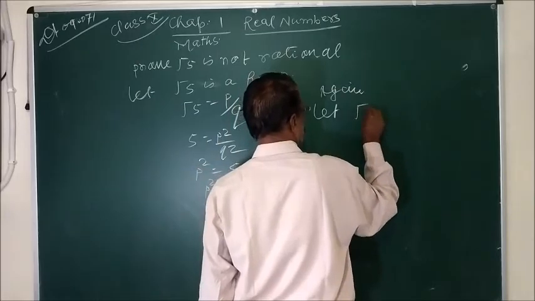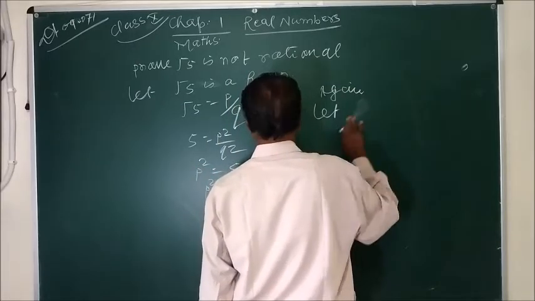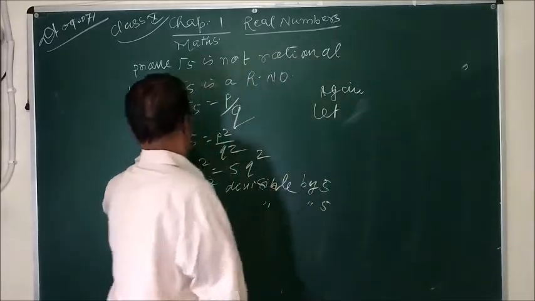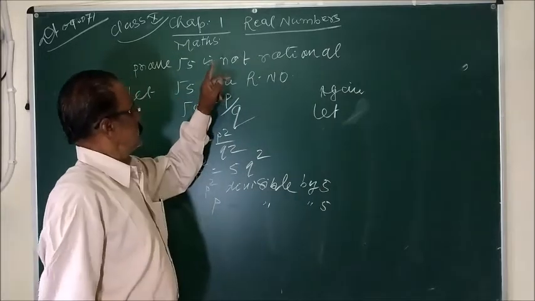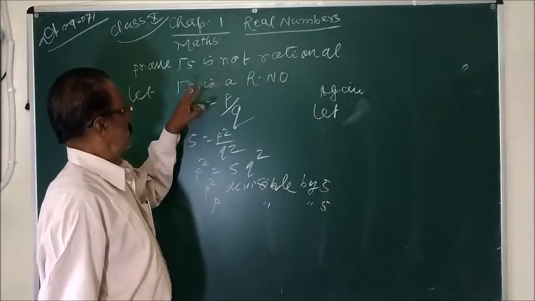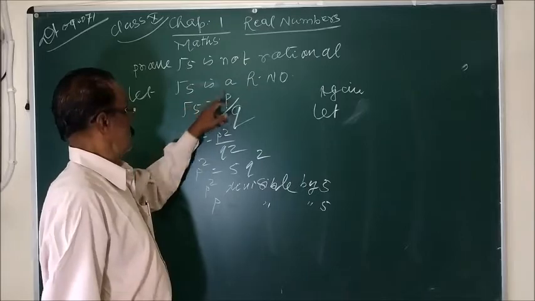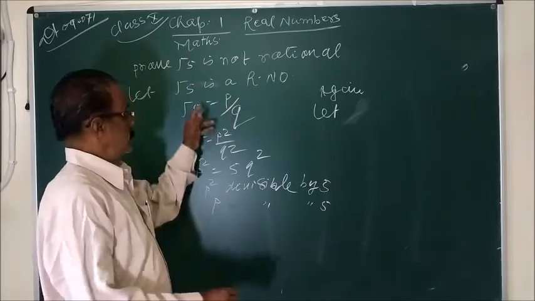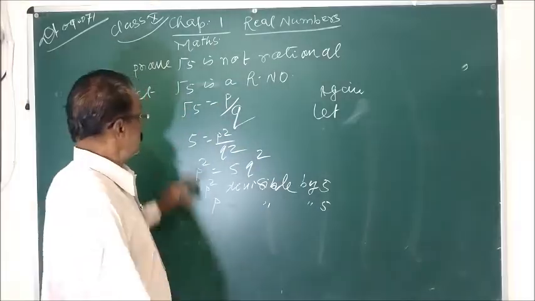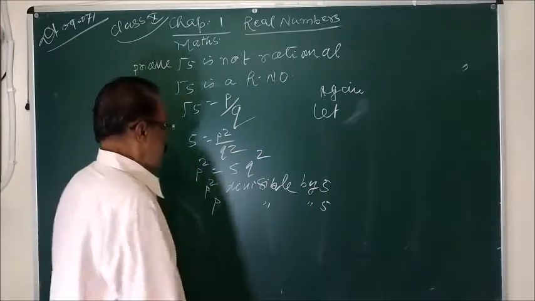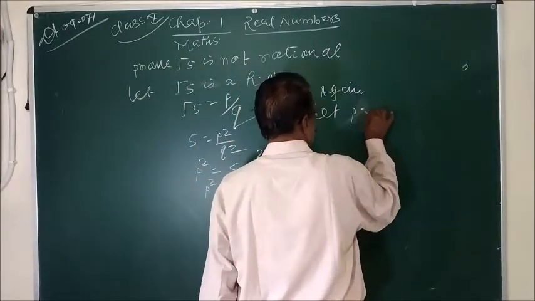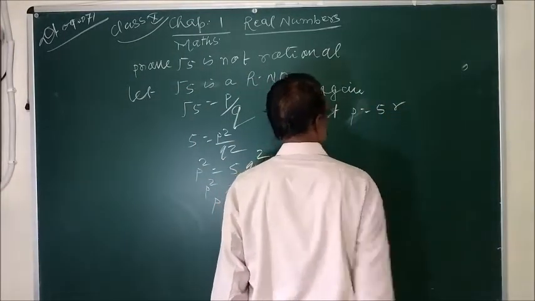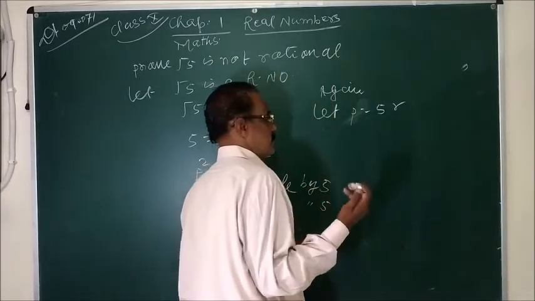Now again, suppose root 5 is p by q. Again, root 5, you have to prove not rational, let it be rational, root 5 equal to p by q, according to the definition of a rational number. Squaring both sides. Now suppose p is equal to 5r, because p is divisible by 5.